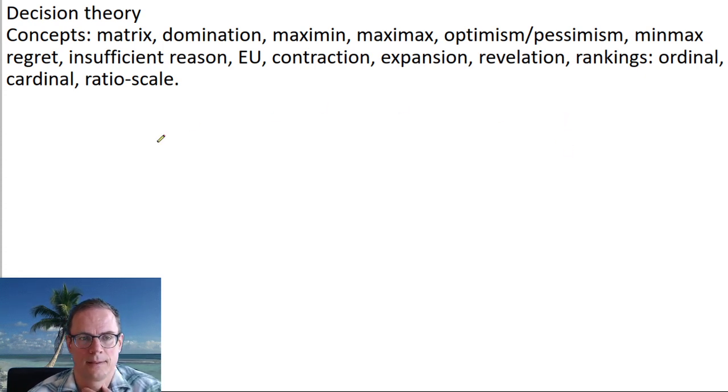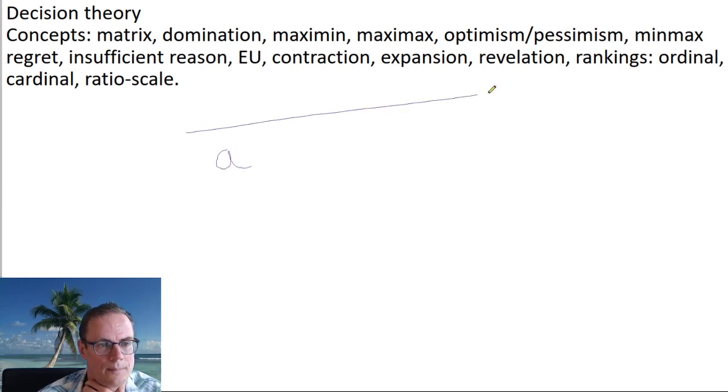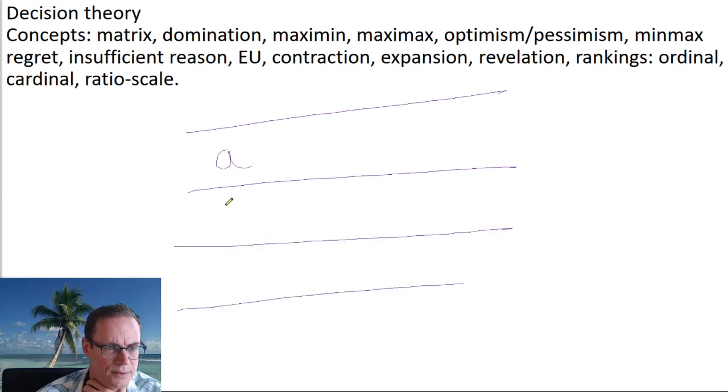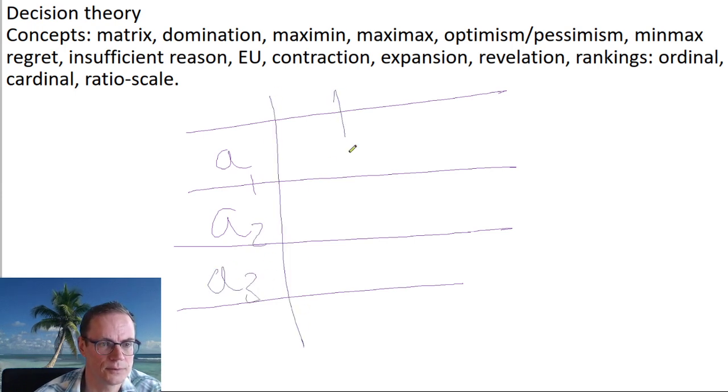All right. Then the week after that, we covered decision theory. In decision theory, we have matrices where the rows of the matrix are usually decisions, choices, and the vertical columns are usually states of the world.